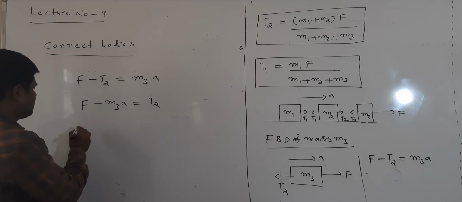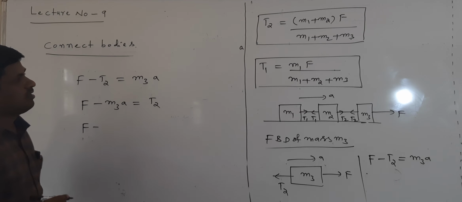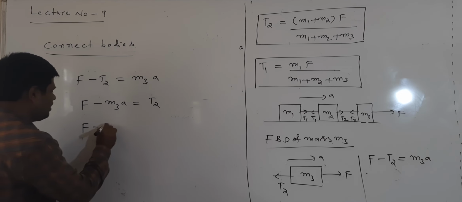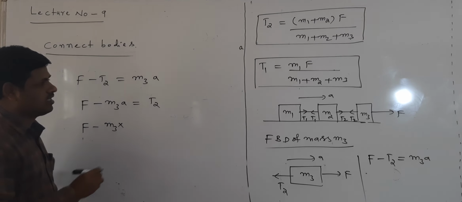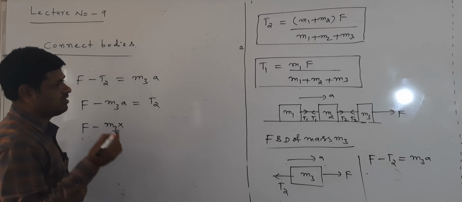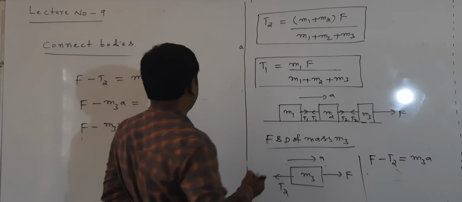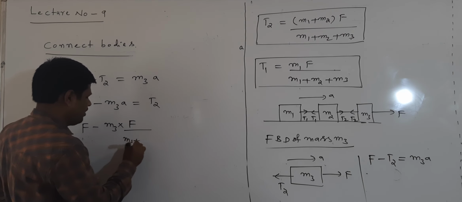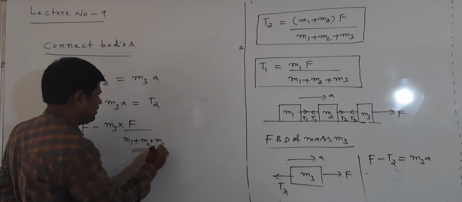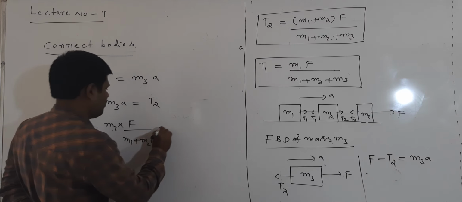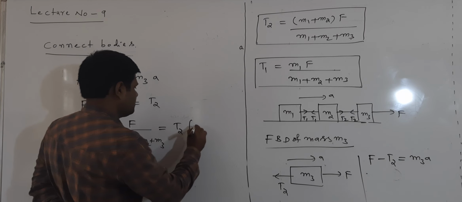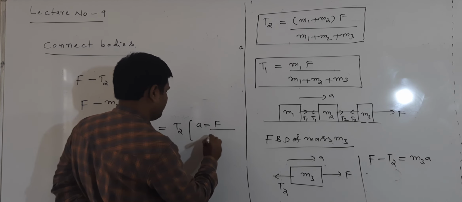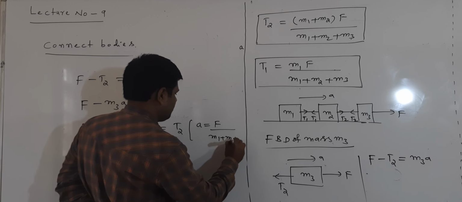Now this is F minus M3 into the acceleration value. We know the acceleration from equation 4: A is equal to F by (M1 plus M2 plus M3).